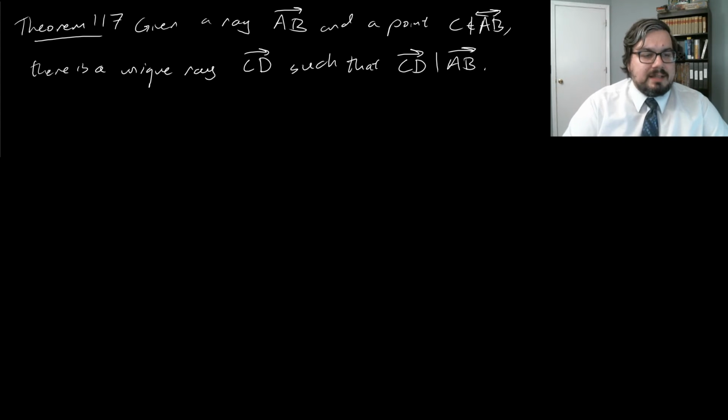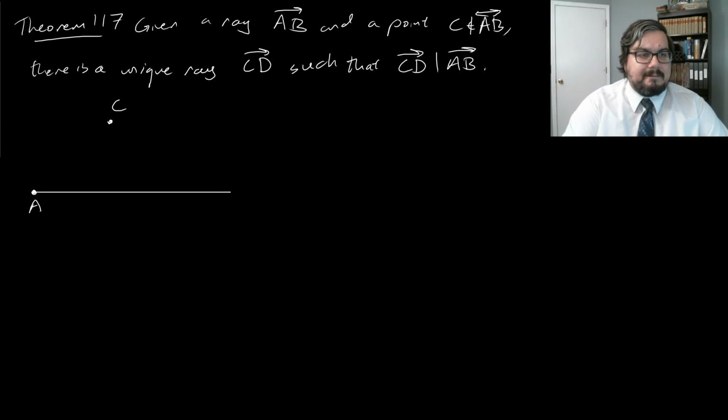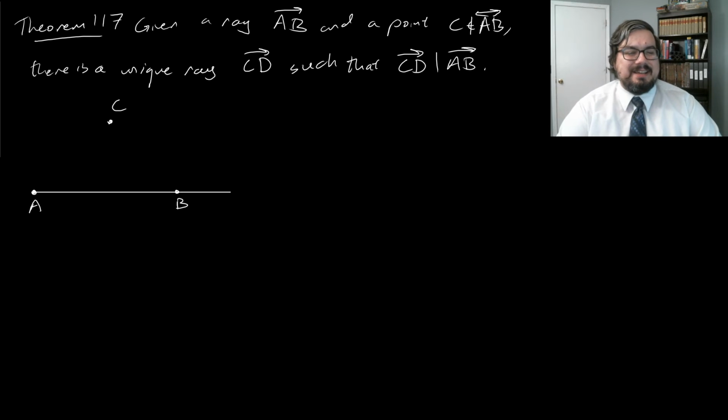All right, so let's see how this proof goes. Let's actually do this one. We've got A, we've got C, and we're trying to show that there is only one ray CD that is critically parallel to AB.